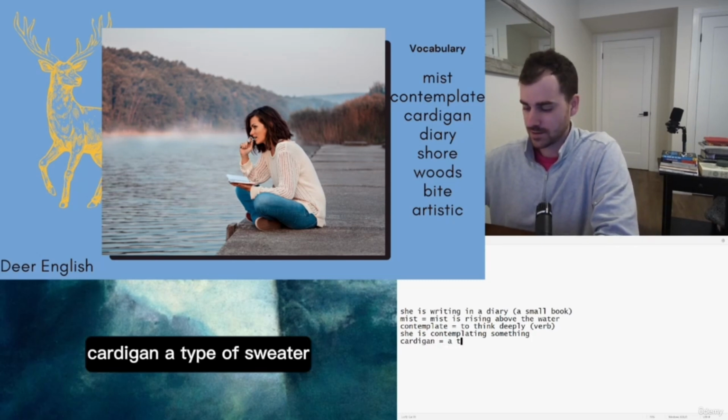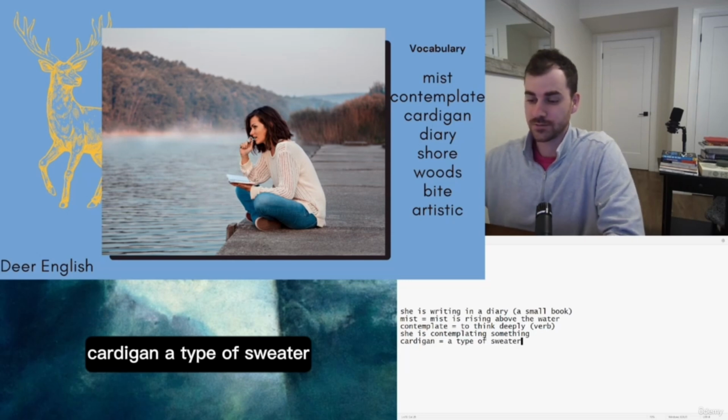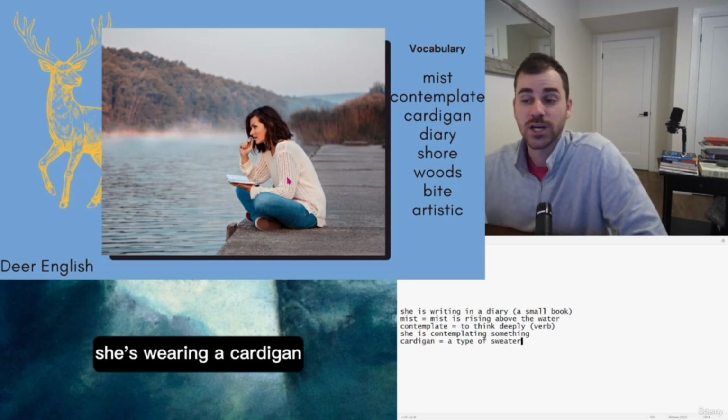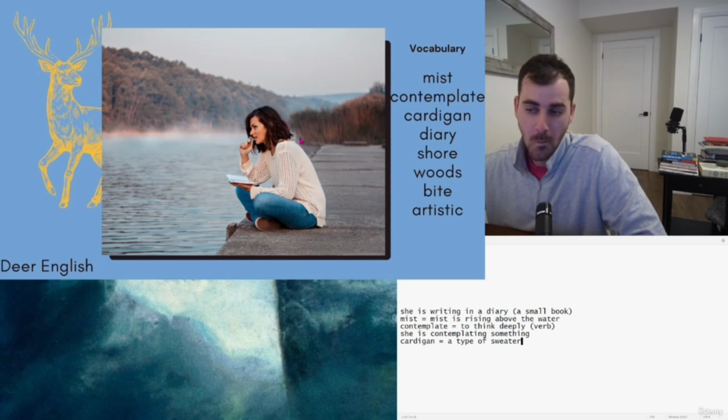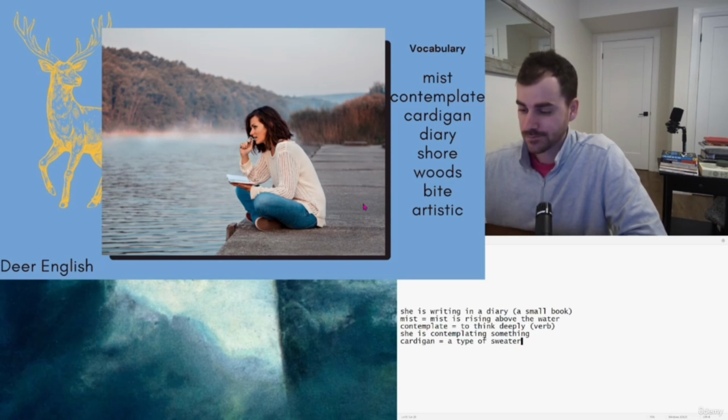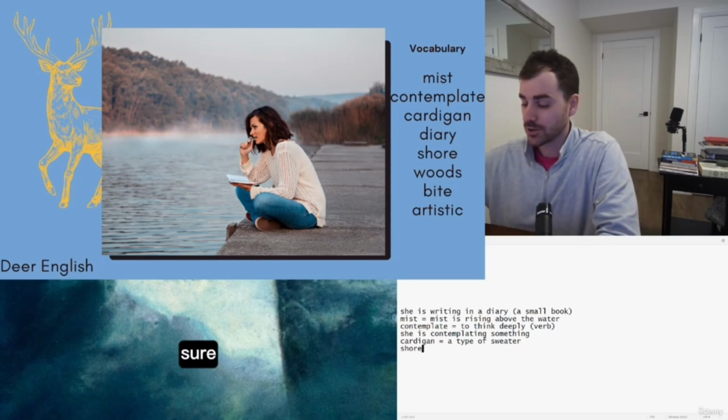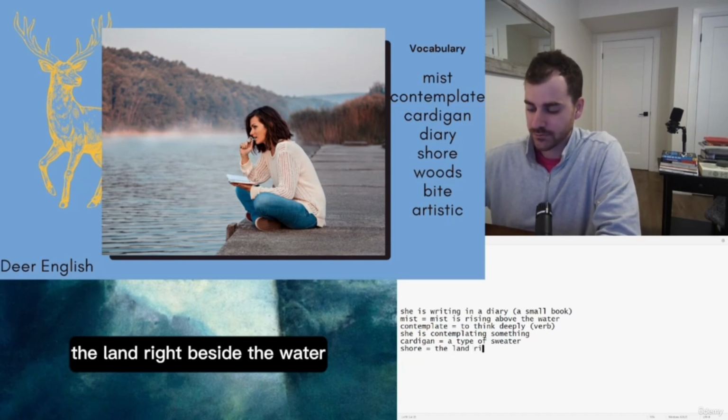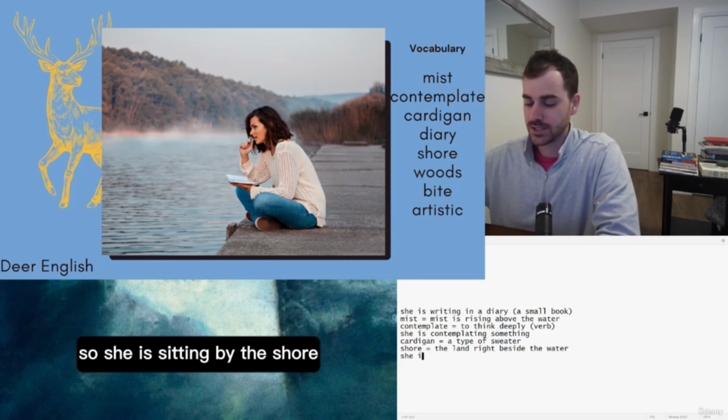Cardigan, a type of sweater. She's wearing a cardigan. Shore. The land right beside the water. So she is sitting by the shore.